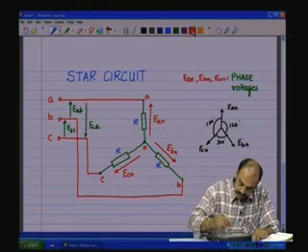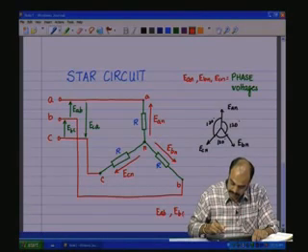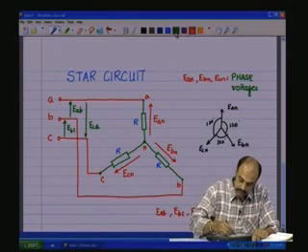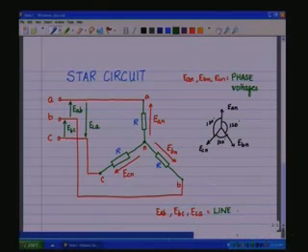And here E A B, E B C, E C A, they are called the line voltages. They are called the line voltages.